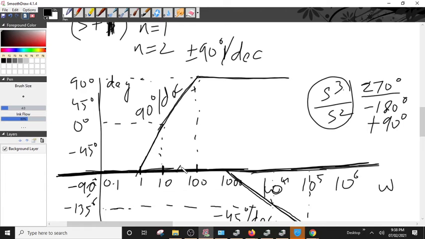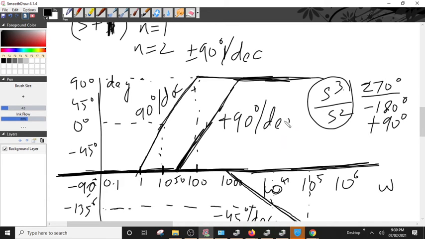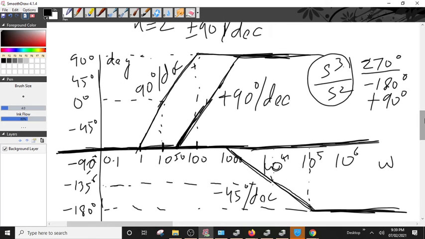So let's say we have another slope at 50, which ends at, let's say, you have any slope like this, it ends here, and we want to add, and this slope is also plus 90 degree per decade. I want to explain this because it sometimes gets complex.